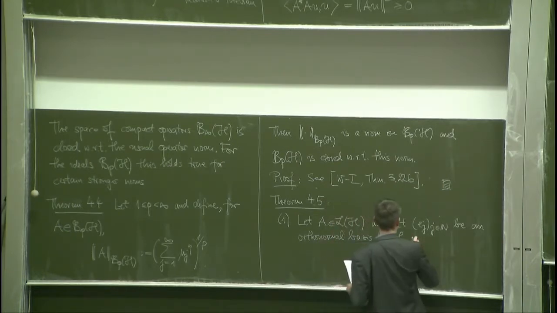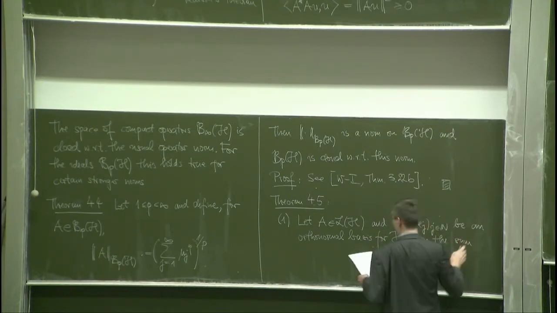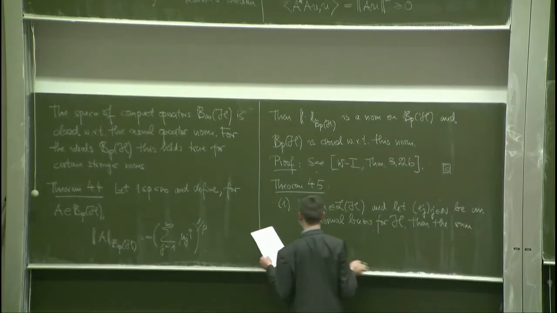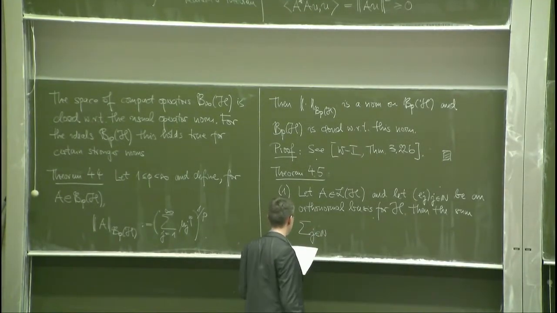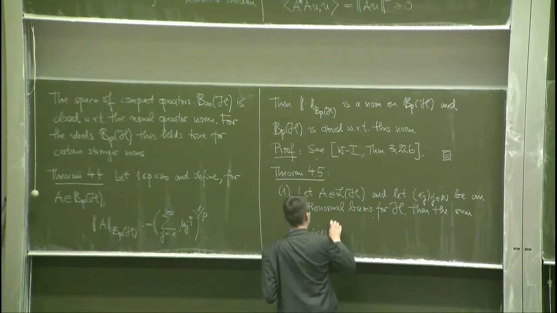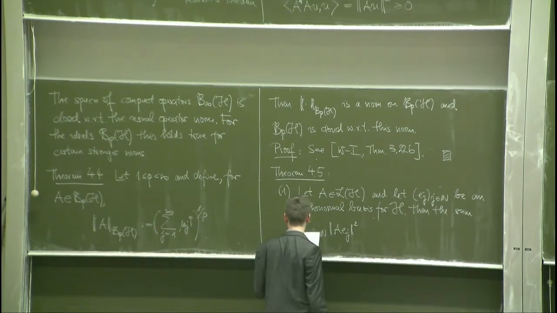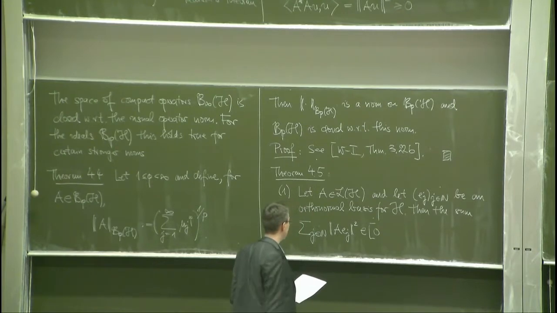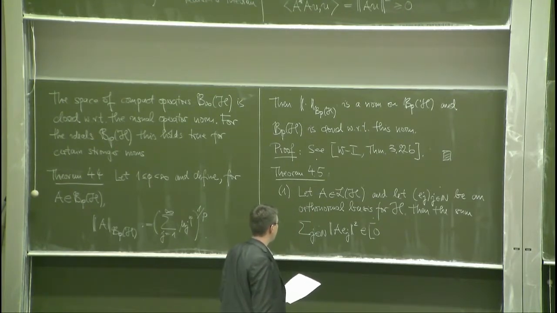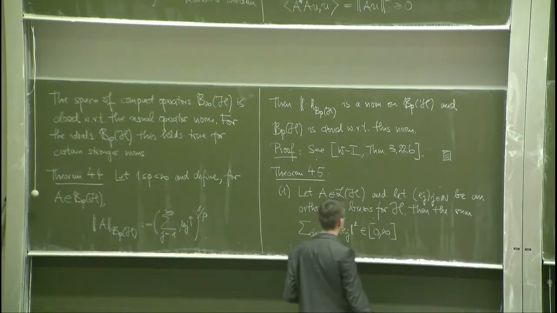Then I claim the following sum, the sum over e_j running through N of the norm of A e_j to the power of 2. Of course, this object cannot be negative. It can be 0, but it cannot be negative, so it has values in the interval from 0 to infinity.